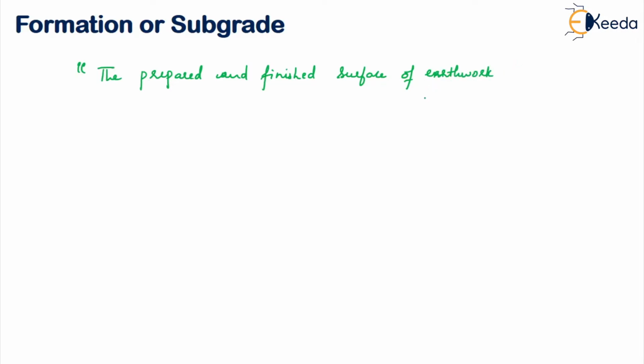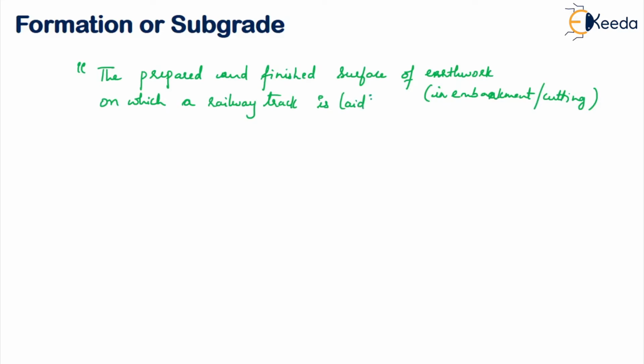earthwork. So this earthwork is in embankment as well as cutting. So the earthwork on which a railway track is laid is called what?